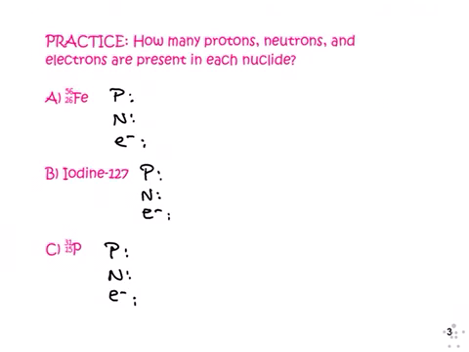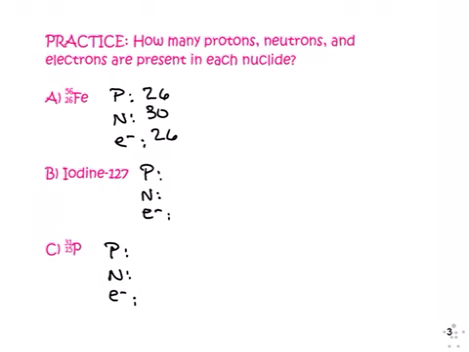Do we agree or disagree? Agree? Okay, good. How many neutrons will we get? 30. And how many electrons? 26. Cora, you're good with that? Okay, just making sure.